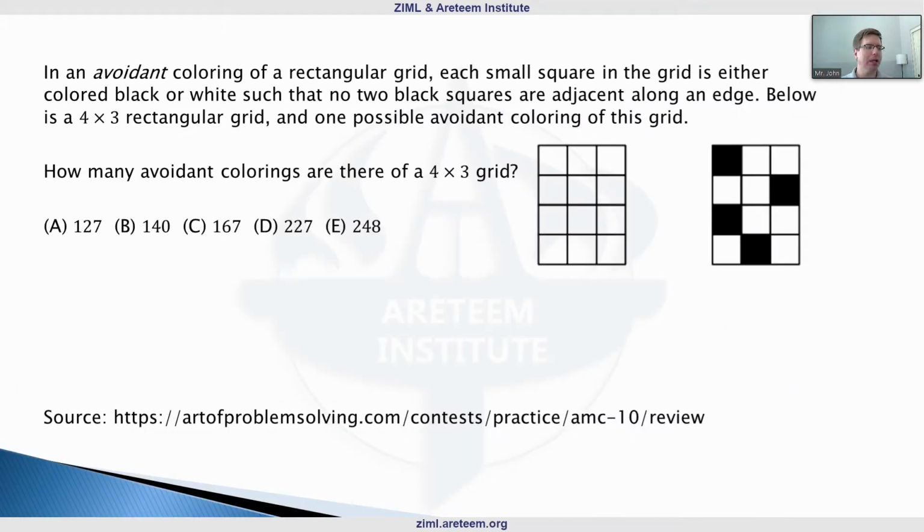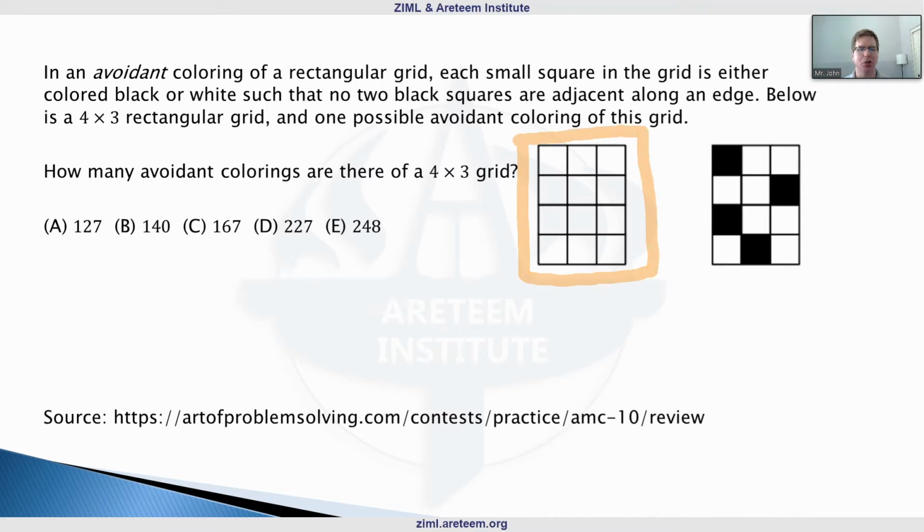In an avoidant coloring of a rectangular grid, each small square is either black or white, and no two adjacent squares are both black. Adjacent means they share an edge. So we see our grid here, and we see an example coloring that is okay, right?